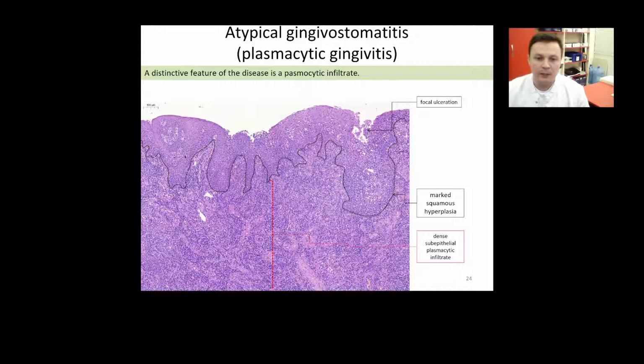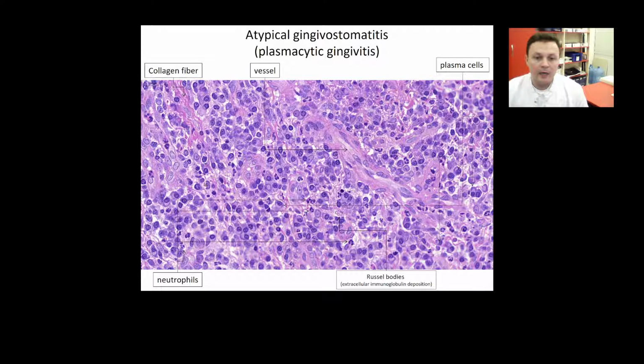Microscopic examination revealed a marked squamous hyperplasia with focal ulceration and diffuse dense subepithelial plasmacytic infiltration consistent with PCG. At high magnification, plasma cells were seen without cellular atypia. The individual plasma cells had eccentric round nuclei with a cartwheel chromatin pattern and abundant cytoplasm.